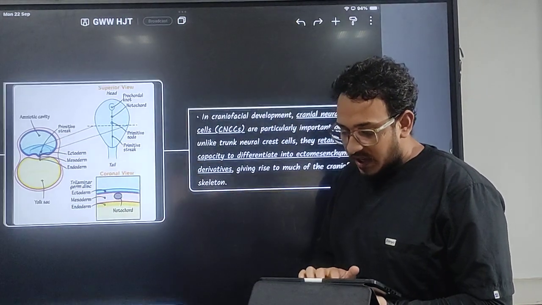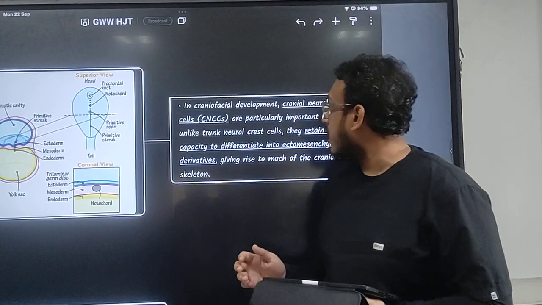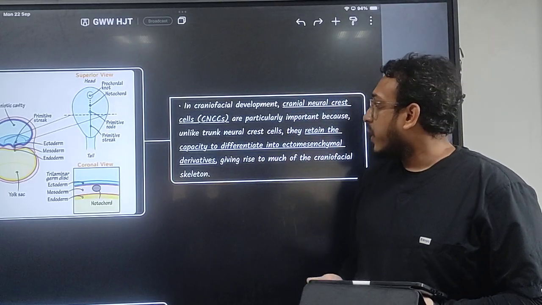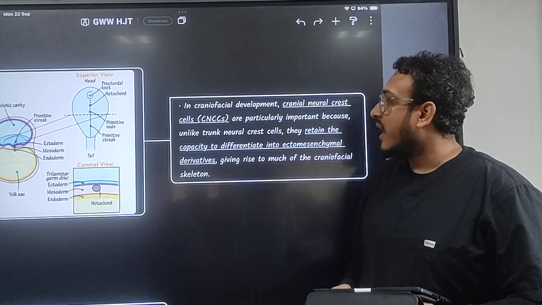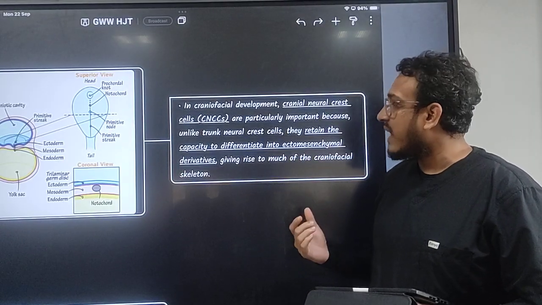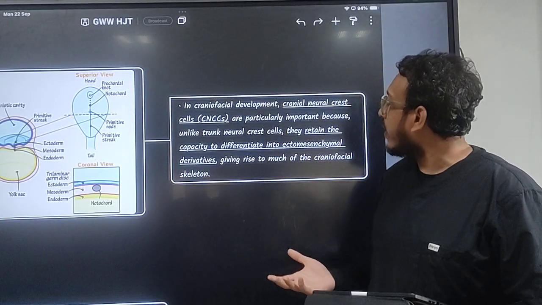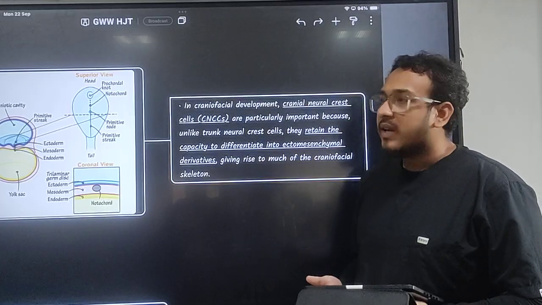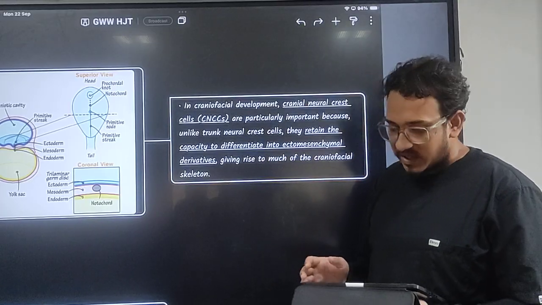In craniofacial development, neural crest cells are particularly important because, unlike the trunk neural crest cells, they retain the capacity to differentiate into ectomesenchymal derivatives, giving rise to much of the craniofacial skeleton.